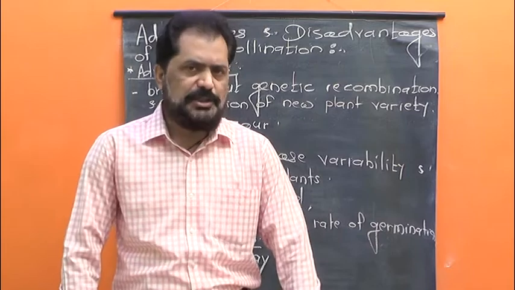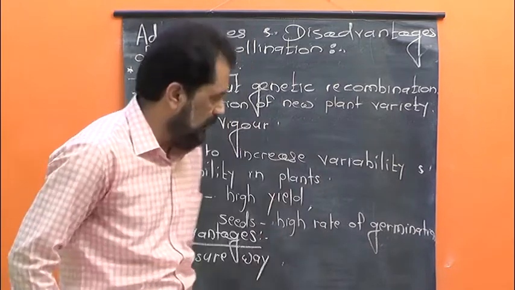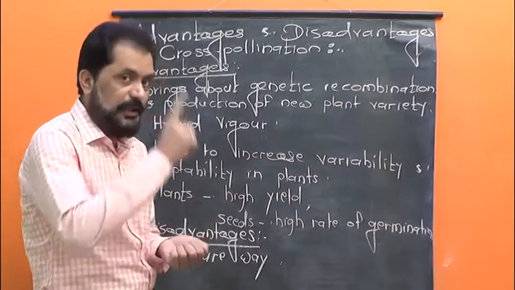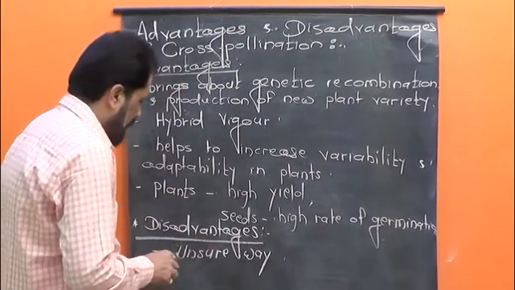So there is a chance of failure of cross pollination. It is a disadvantage. It is not a sure method of pollination like self pollination.